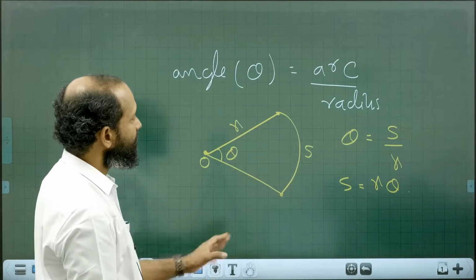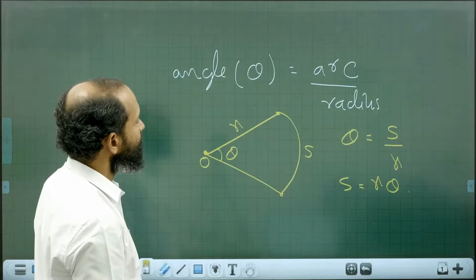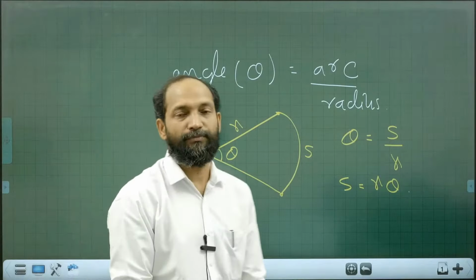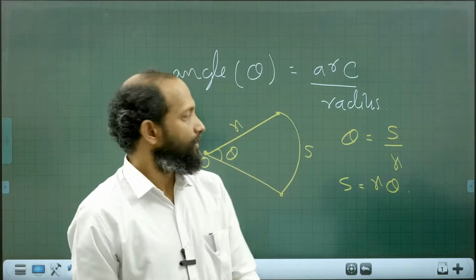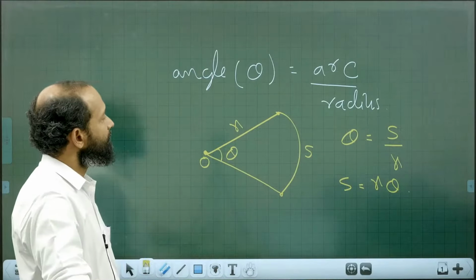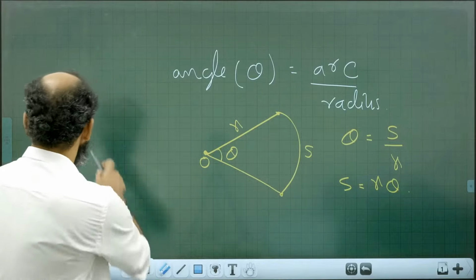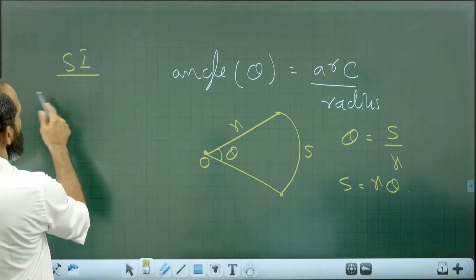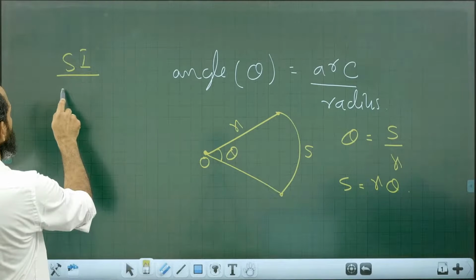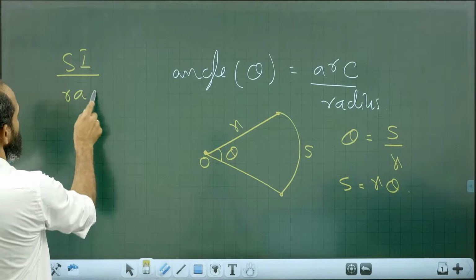And this one is very important: angle is equal to arc divided by radius. In many of the problems, this equation is used. It is important to learn the units of angle. SI unit of plane angle is what? Radian.